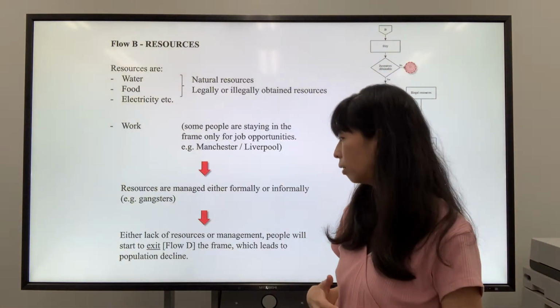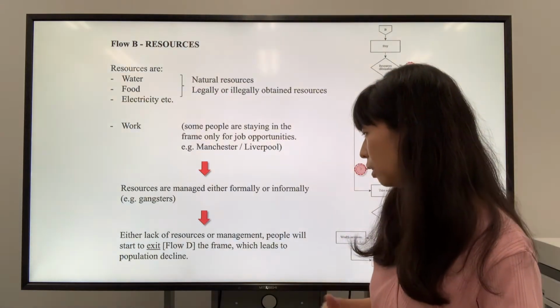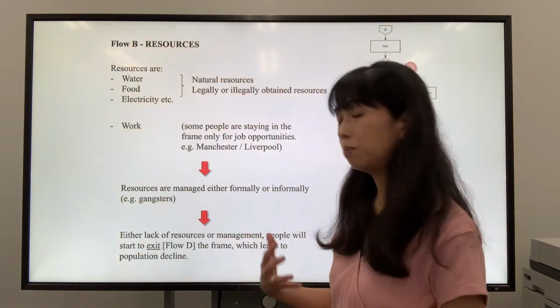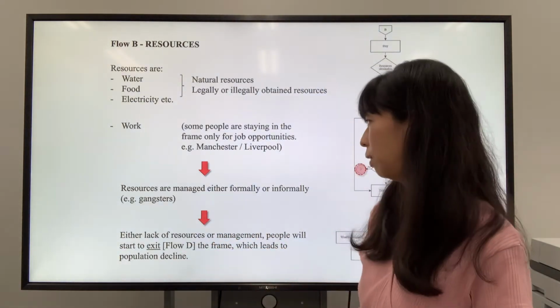So this lack of resource actually causes a lot of issues, which makes people decide that they might like to exit from this frame.